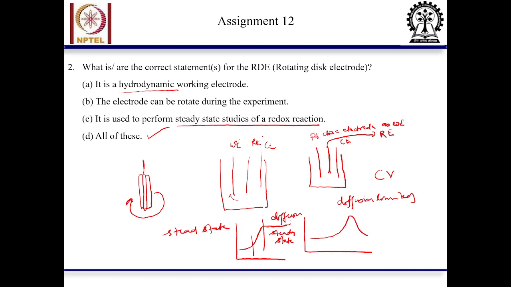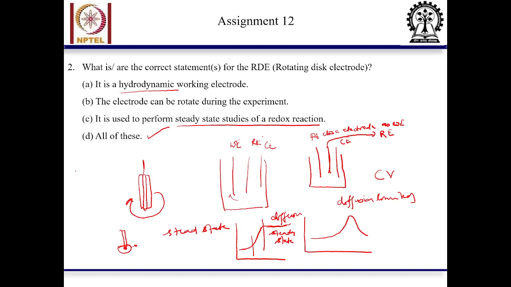If you want to find out the parasitic reaction, there is a rotating ring disc electrode. In the working electrode, we have one platinum disc, and after that we have one ring. Whatever reaction is happening on the working electrode, the opposite reaction will happen on the ring electrode. That's how we can manage.